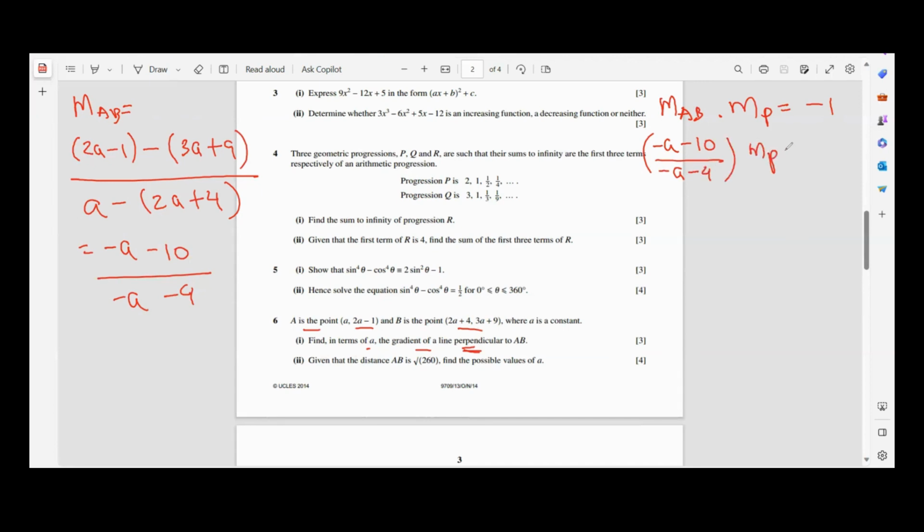The gradient of AB times the gradient of the perpendicular equals minus 1. And then the gradient of the perpendicular is minus 1 times the reciprocal. So we flip it, and it becomes minus a minus 4 over minus a minus 10.